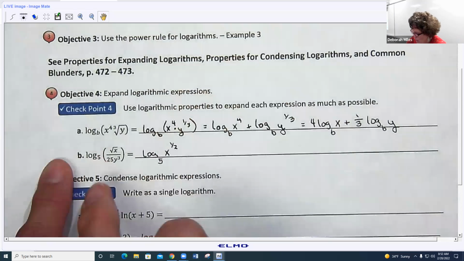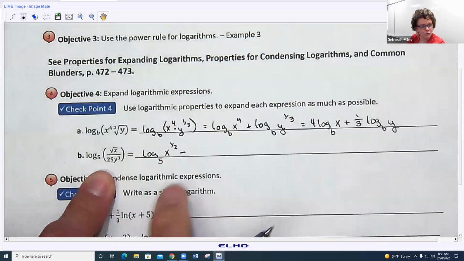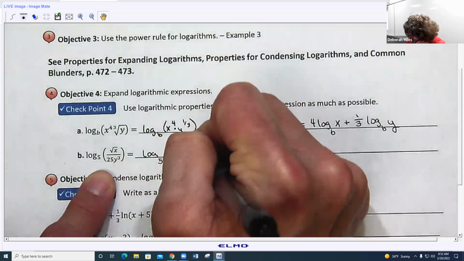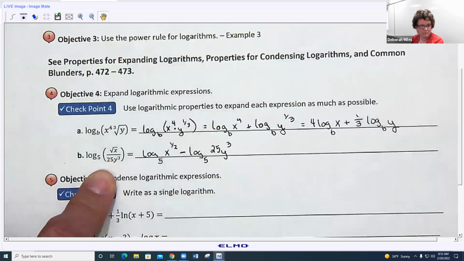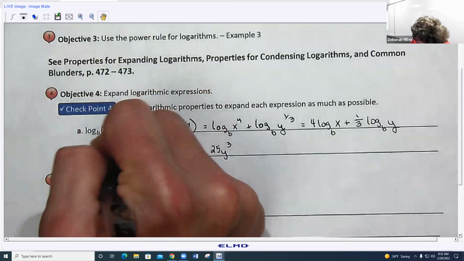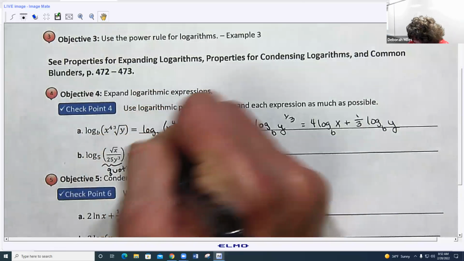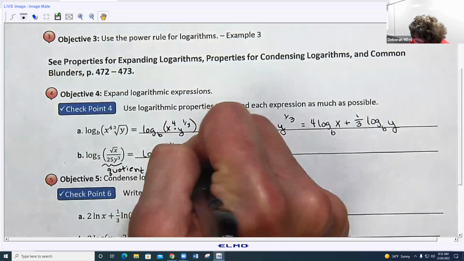Then the log of a quotient is written as the difference of 2 logs. So I'd have minus log base 5 of 25y cubed. I'm not finished, but I have written the log of a quotient as the difference of 2 logs.